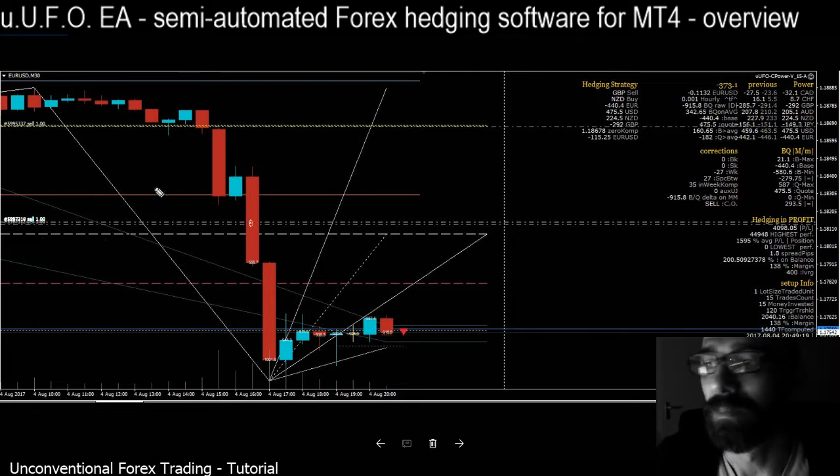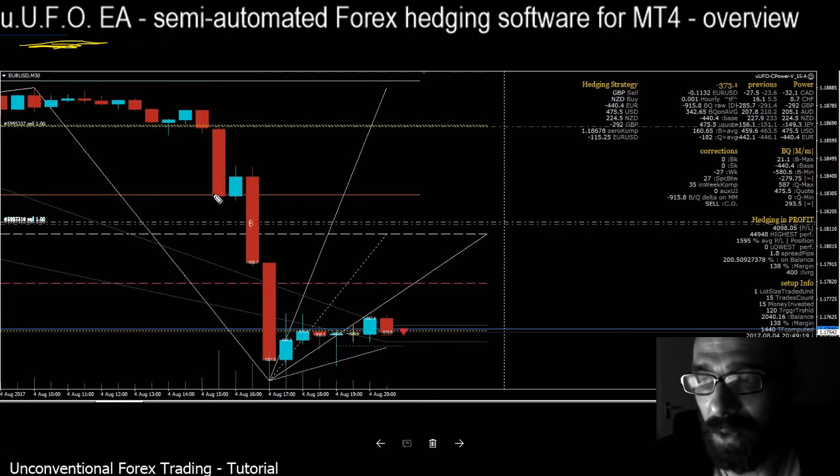First of all, the algorithm is called UFO, which stands for Unconventional Forex Observer, and has three main modules. One is graphic, and you can see its development in the charts.